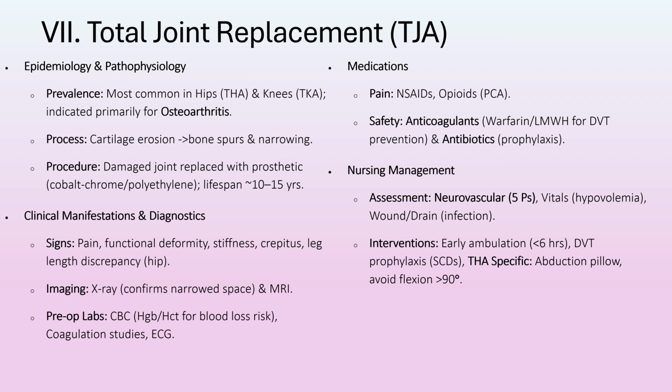Nursing management, assessment: neurovascular, the 5 Ps, vitals, hypovolemia, wound drain infection. Intervention: early ambulation, so within 6 hours they need to start ambulation, for DVT prevention.